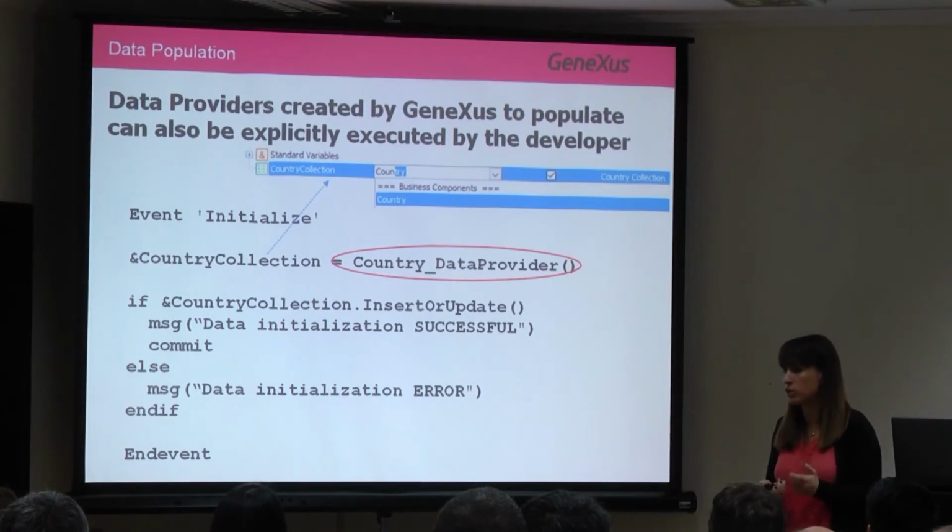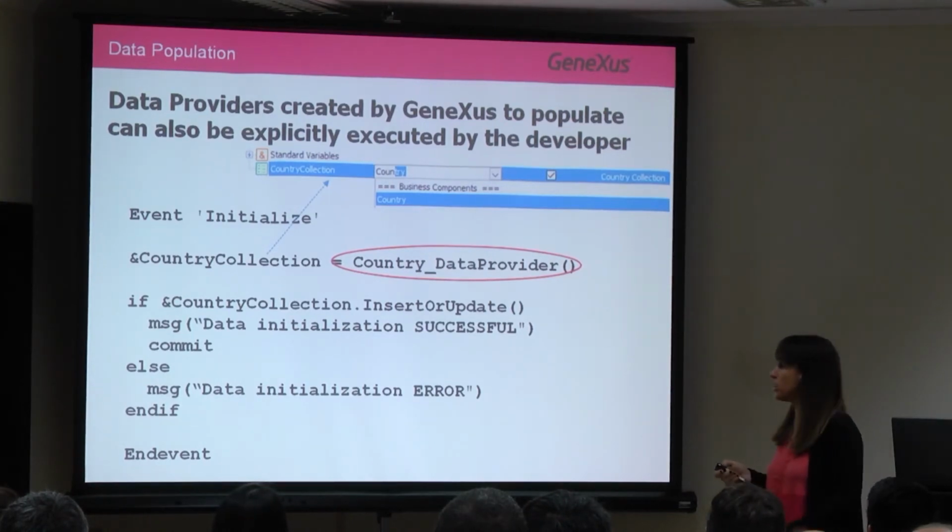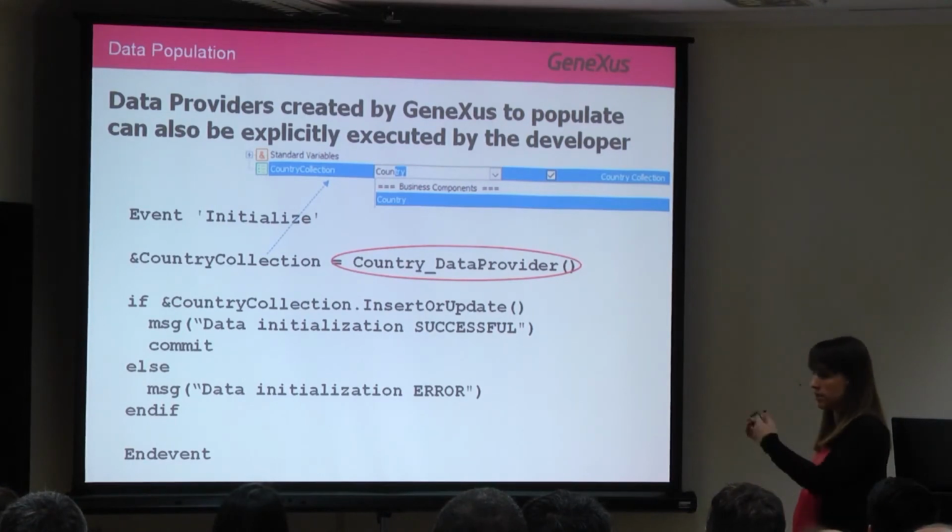It's as if I had taken the business component. I didn't do it because GeneXus did it for me. Since it's associated to the transaction, what I have to return is a group of countries that I completed with the data, and that's a business component of countries that is a collection.